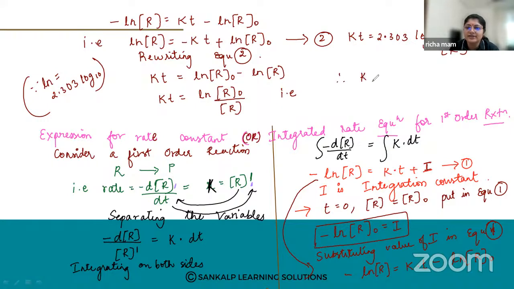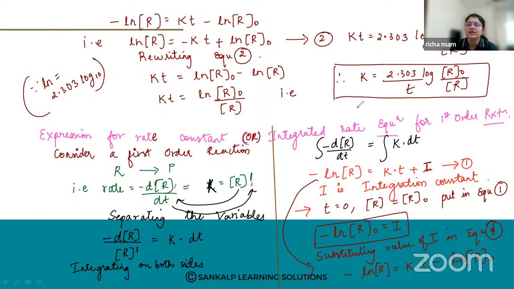Therefore, k is equal to 2.303 log of r naught by r, divided by t. Got it? So this is the rate equation for first order reaction. This is the expression for first order. Is it clear? Yes.